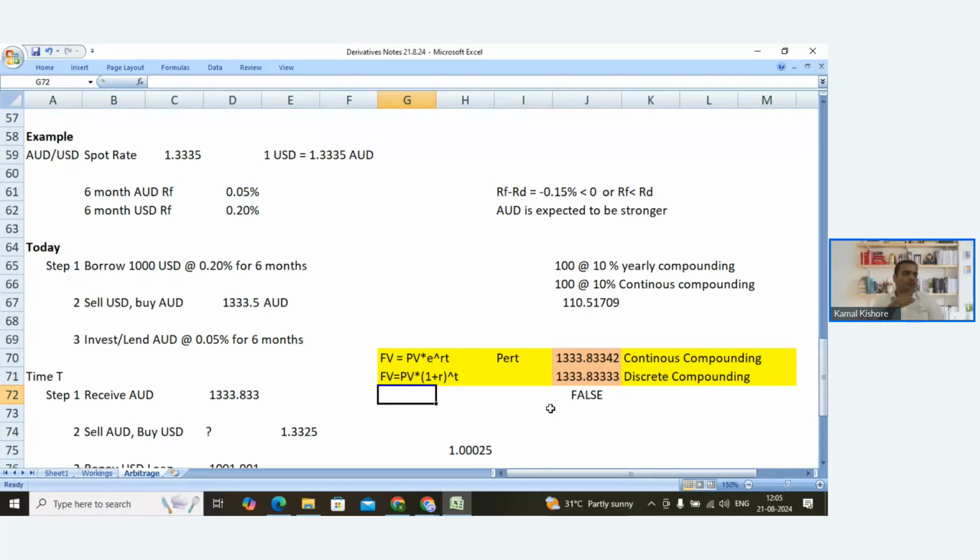There is one summary, one table, where they will say RF minus RD is less than 0, something like that. Exhibit 6. Check. Example 6? Huh? Example or exhibit? Exhibit 9. Check exhibit 9.